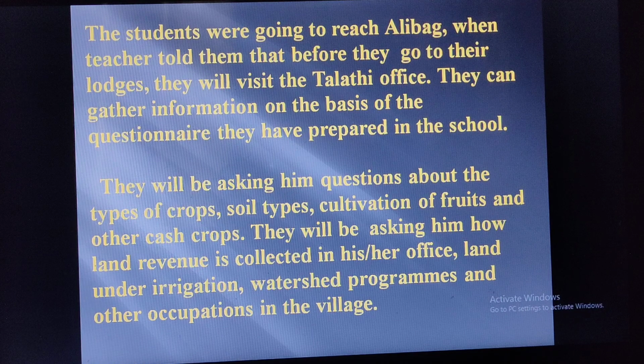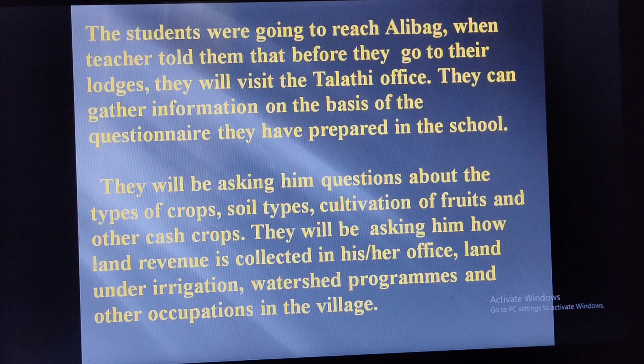They will ask the Talati officer questions about the types of crops, soil types, cultivation of fruits and other cash crops. They will also ask the officer how the land revenue is collected in the office, which land is under irrigation, watershed programs and other occupations in the village.